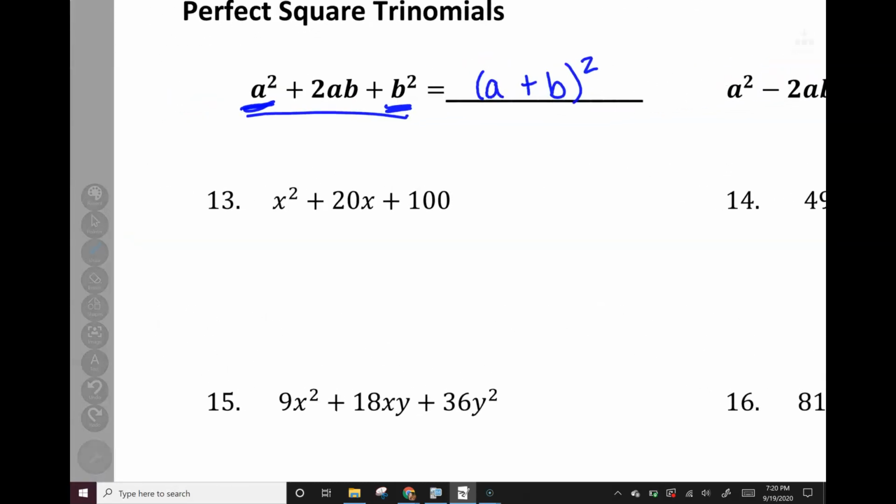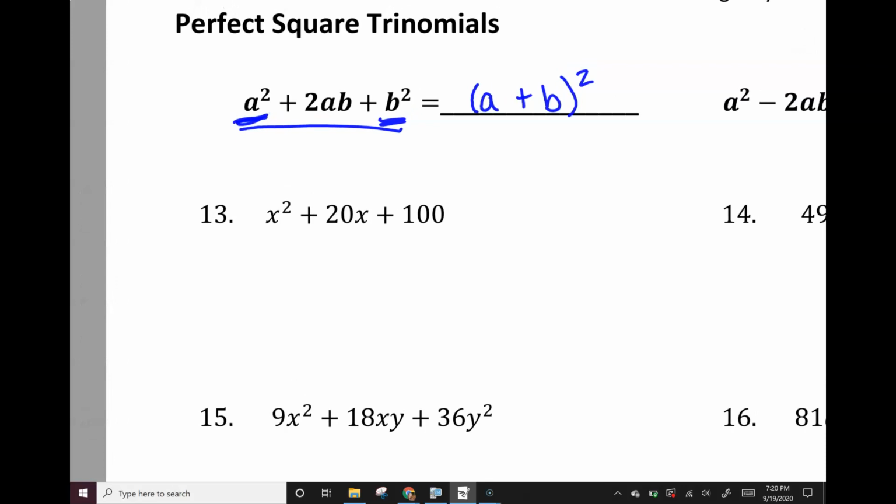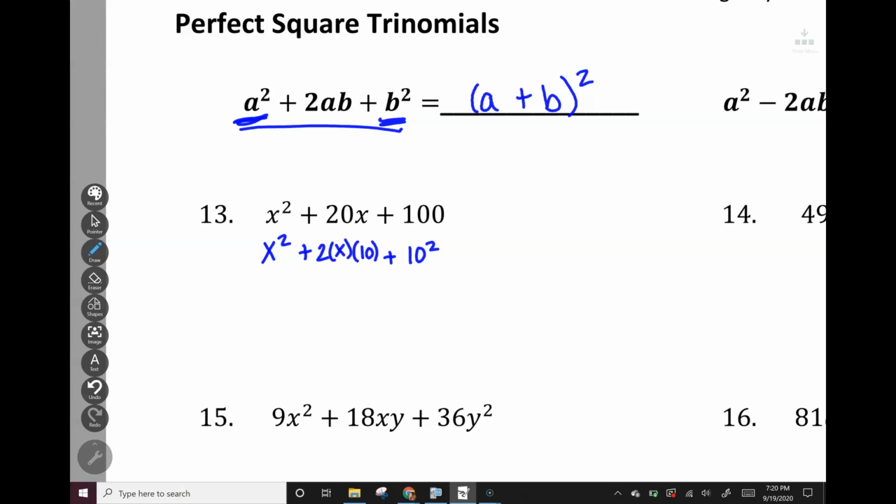On number 13, notice the first term is a perfect square. It's x squared. I'm just going to rewrite this. The last term is a perfect square. That's 10 squared. And the middle term is 2 times x times 10. Right? This pattern 2ab, 2ab.